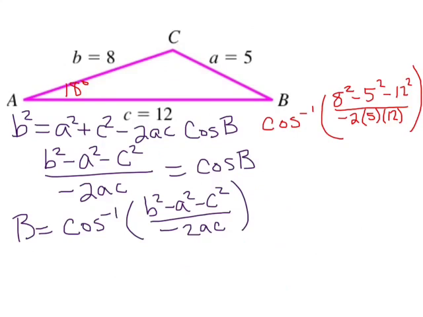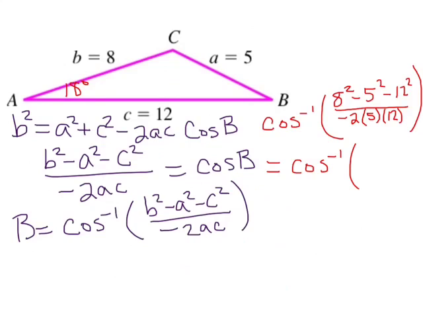So computing this once more, cosine inverse. We have 8 squared, again 64, 5 squared 25, 12 squared 144. 64 minus 25 minus 144.